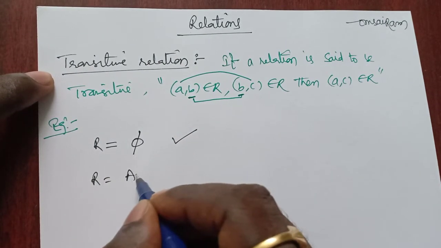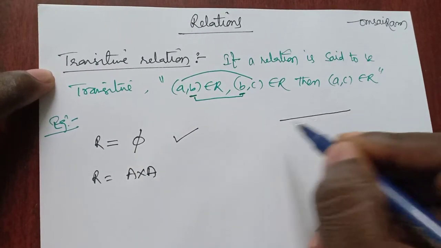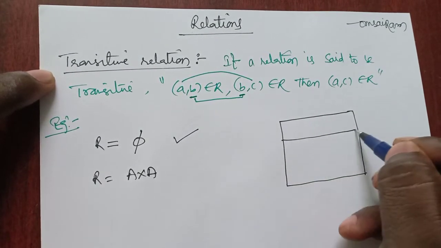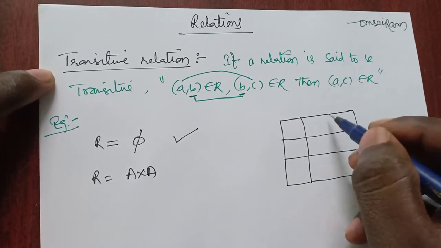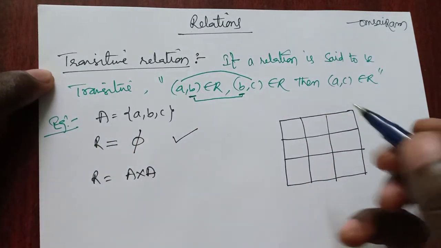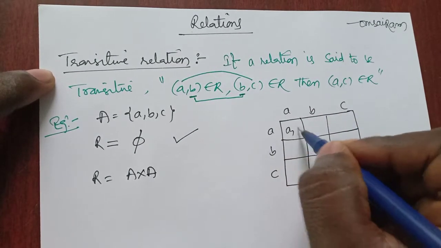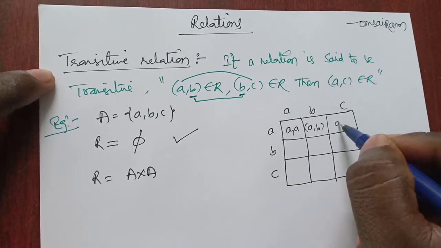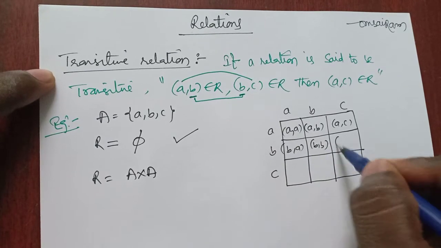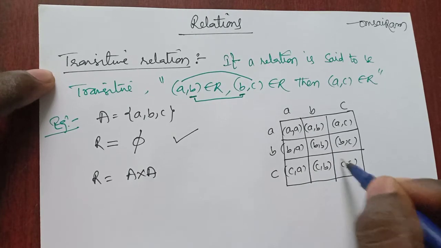Now coming to A cross A. So what is A cross A? Suppose set A equals {a, b, c}. Then A cross A is (a, a), (a, b), (a, c), (b, a), (b, b), (b, c), now (c, a), (c, b), and finally (c, c).